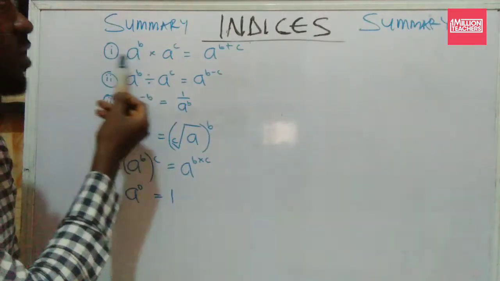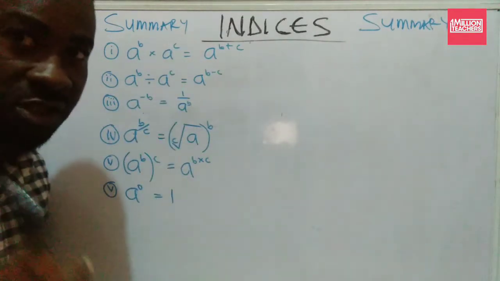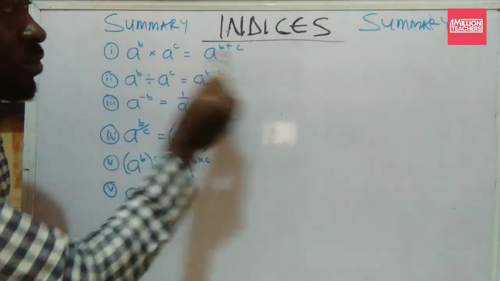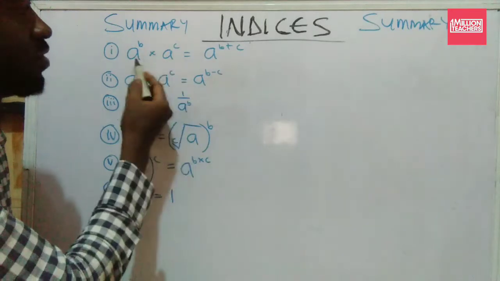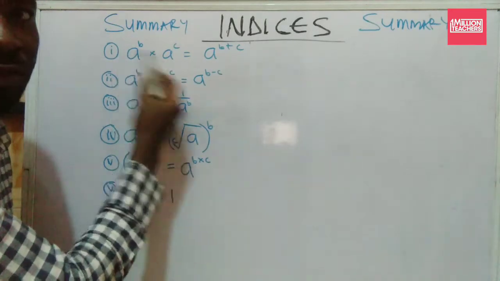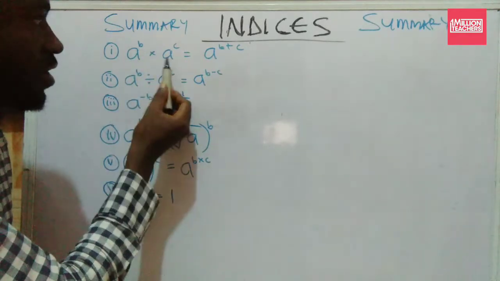So the first one says a^b times a^c. This is the law of multiplication. It says that whenever you have two terms multiplying themselves and they have the same base, you can see a here, a here.